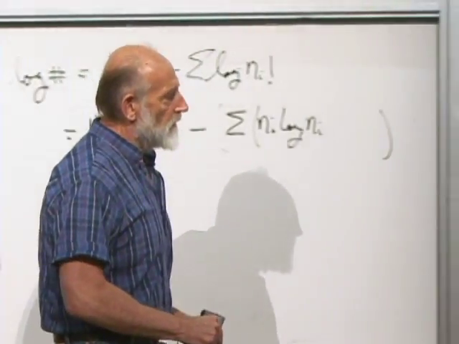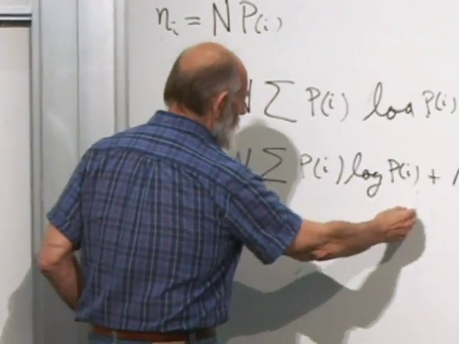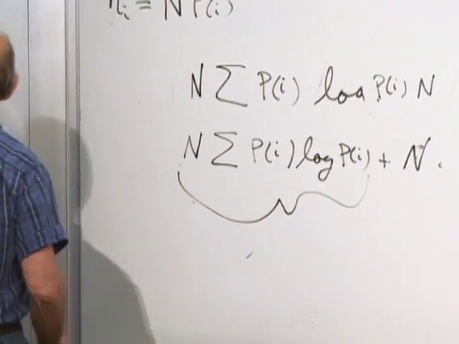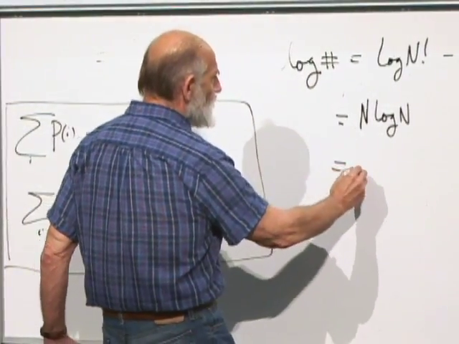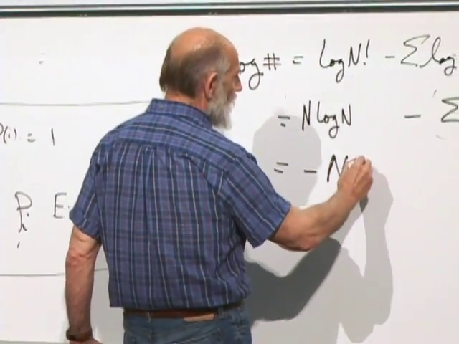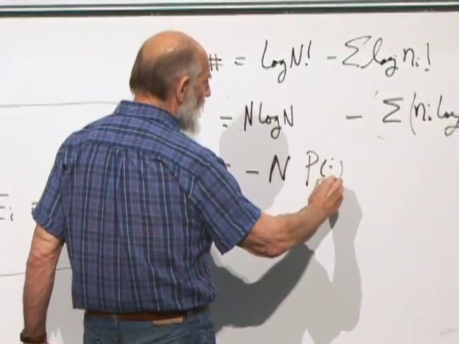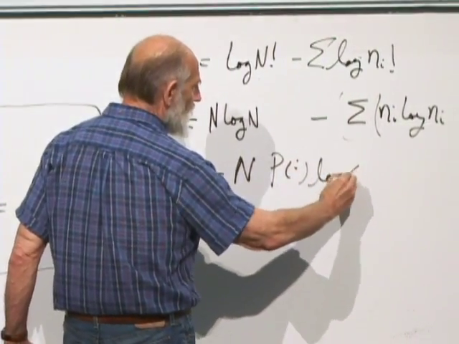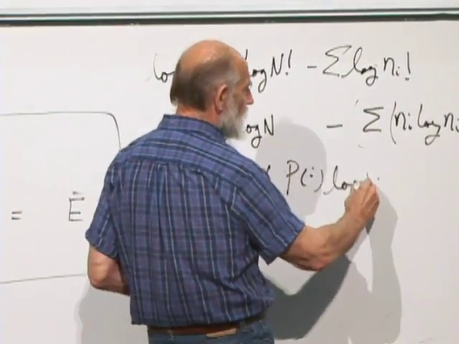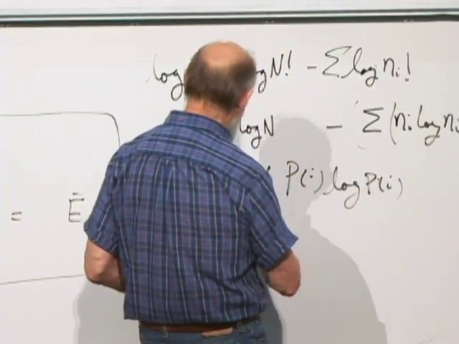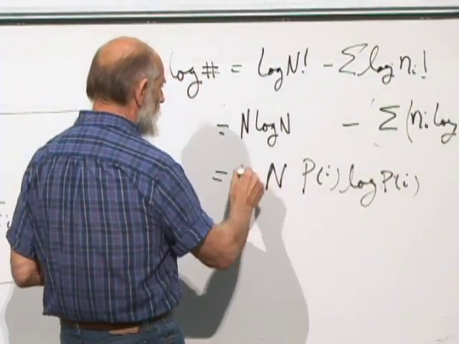All that's left is this term over here with a minus sign, the minus sign coming from here. So the whole thing is just minus n p of i log p of i summed over i.